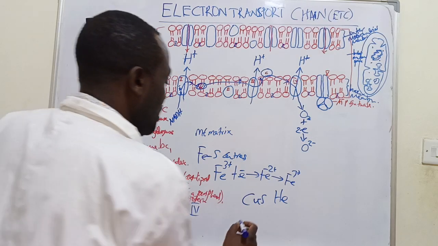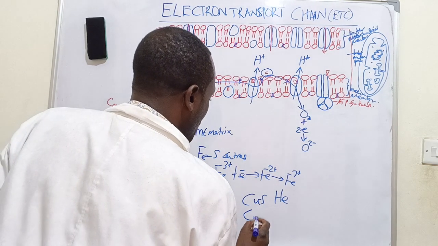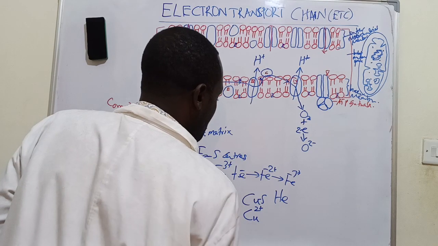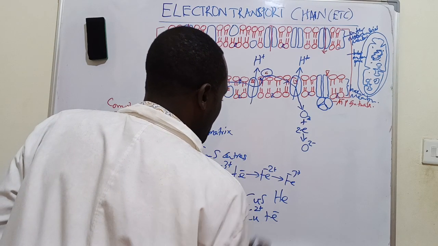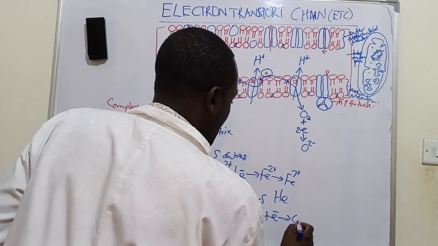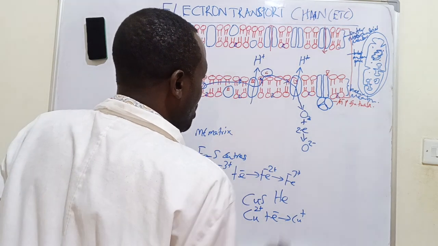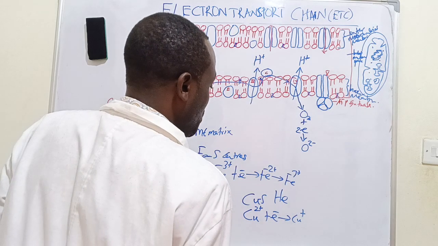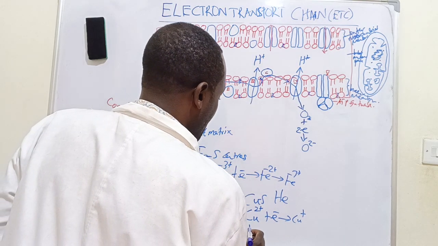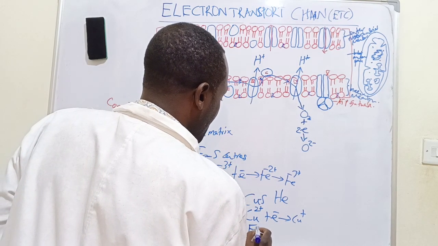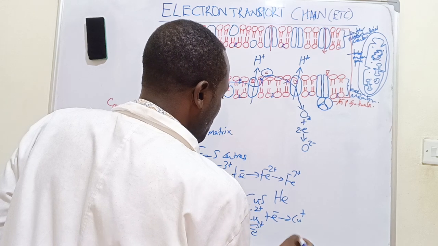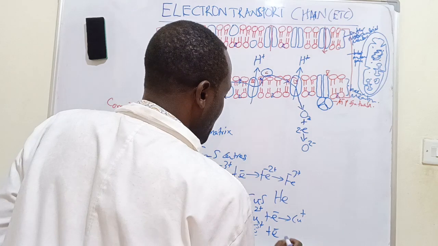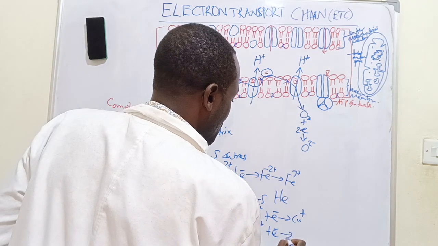What happens is that copper, on receiving an electron from cytochrome C, goes from the +2 oxidation state to the +1 oxidation state. Copper then loses the electron to the heme group, which contains iron in the +3 oxidation state. On receiving the electron, iron 3 is reduced to iron 2.